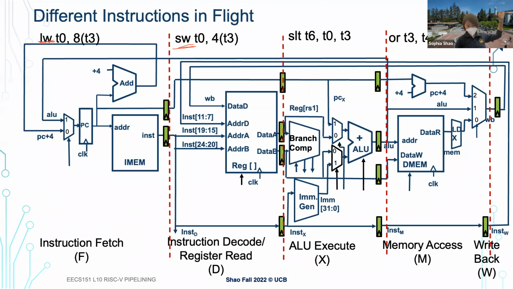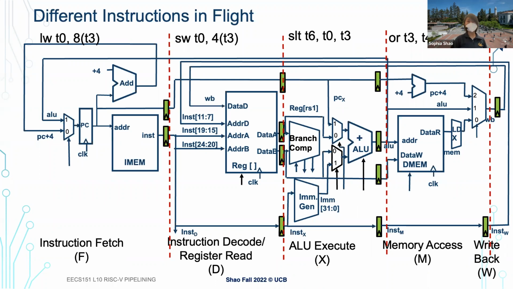Then execute is doing the set less than operation, memory access is handling the OR operation, and write back is doing the addition, right? So we have 5 instructions involved in the execution, while different stages handle different instructions.